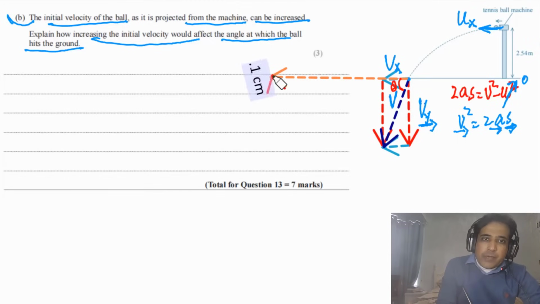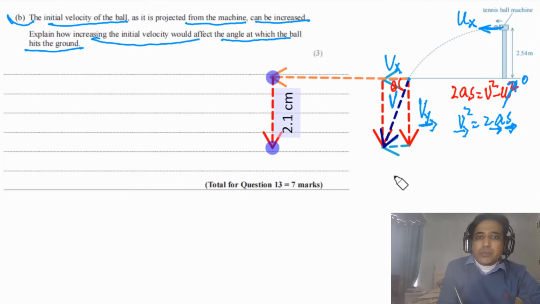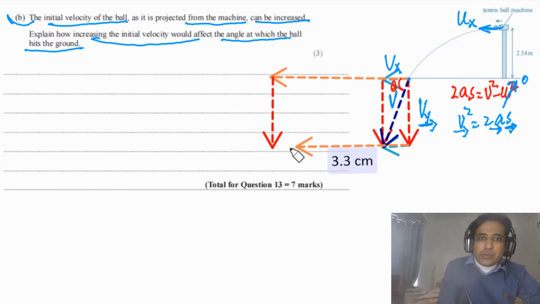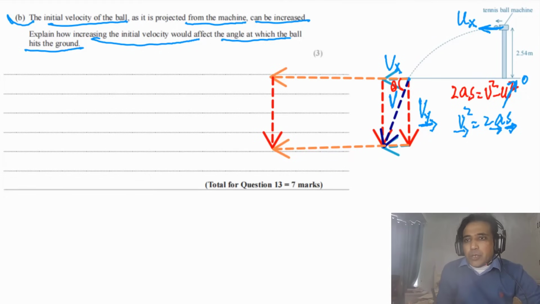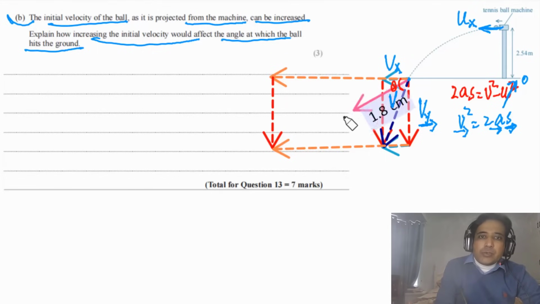This vector you can draw here, this is the vertical component of velocity, and the resultant velocity in this case, we can redraw this arrow here. Now we can draw the final velocity at this point. I'll be using different colors, so let me use pink color for this one.